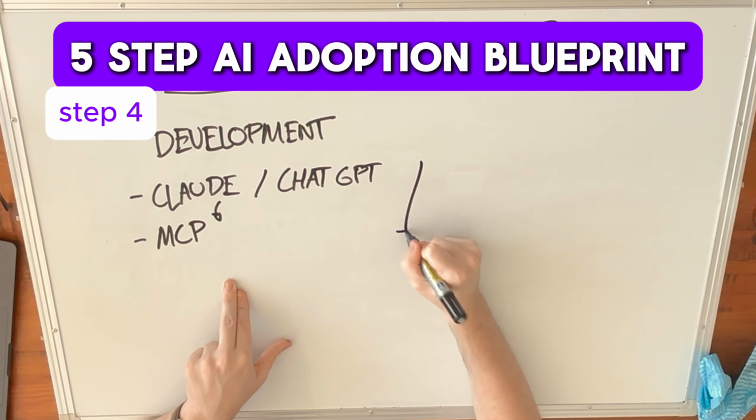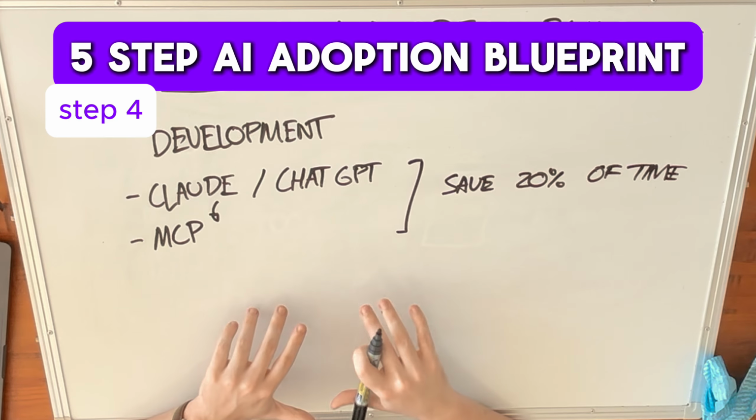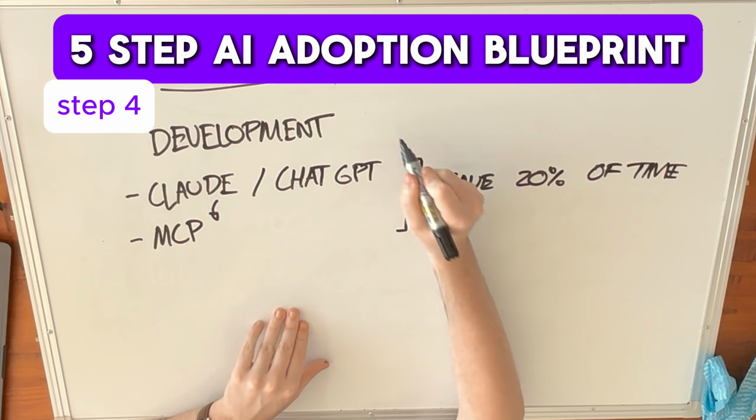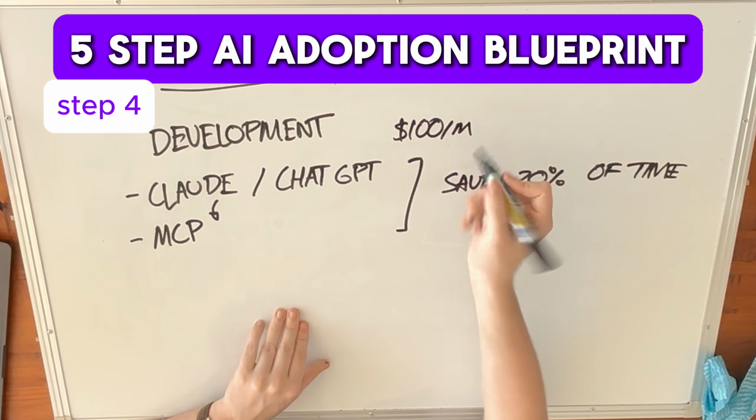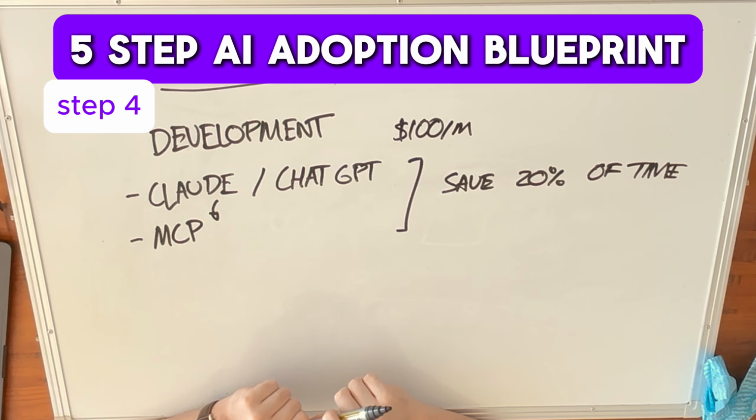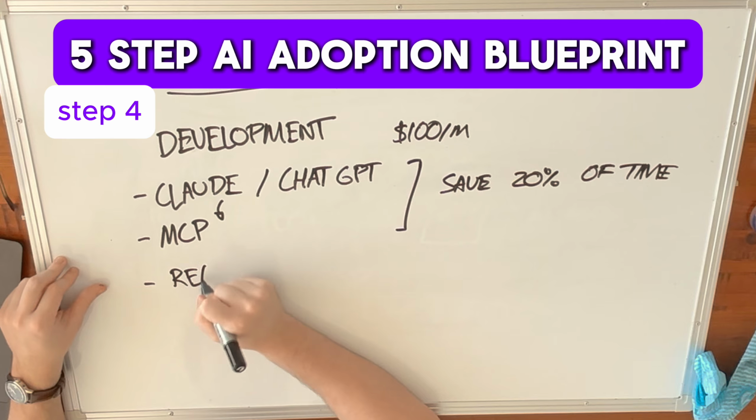These alone save about 20% of time, and that's just according to the clients that we work with. Within your own business, maybe it's more, maybe it's less. This is a good step because it's really cheap. It might cost you $100 a month per user, and it gets you 20% of the way there. The next step after that is using out-of-the-box AI software. So this might be like Read AI.